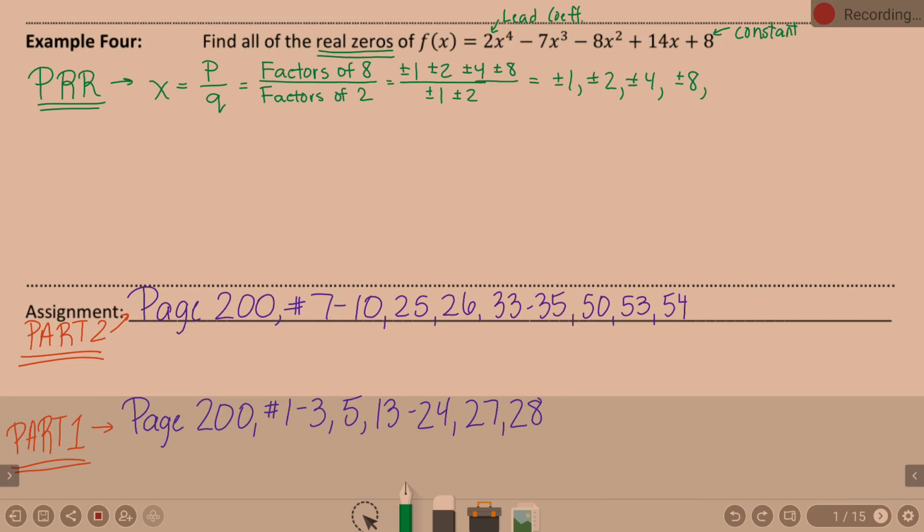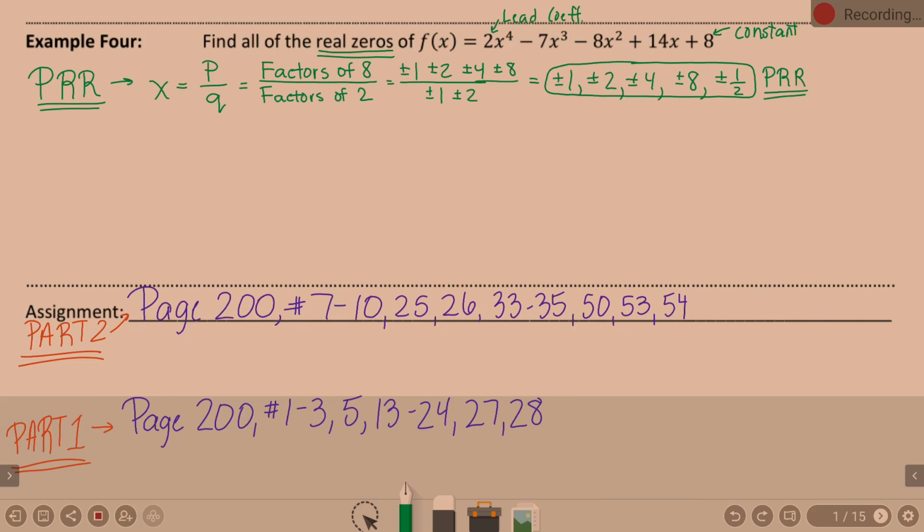And then we're going to put everything over 2. The only new one is plus or minus 1 over 2, which is 1/2. 2 over 2 is 1, 4 over 2 is 2, 8 over 2 is 4. So right here, these values are my PRRs. Those are my potential rational roots.